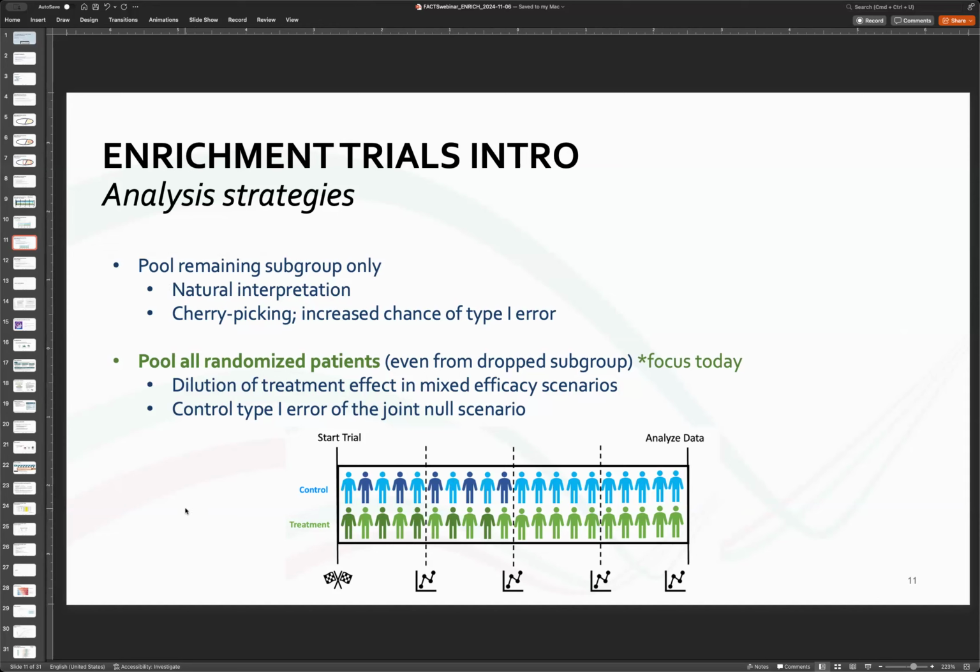Of course, if you have other adaptations going on here, which the Enrich trial does, like early success stopping and things like that, you'll need to do some type 1 error control for other adaptations as well. A lot of times enrichment isn't only enrichment. Enrichment trials include other adaptations. So a lot of this gets kind of rolled together.